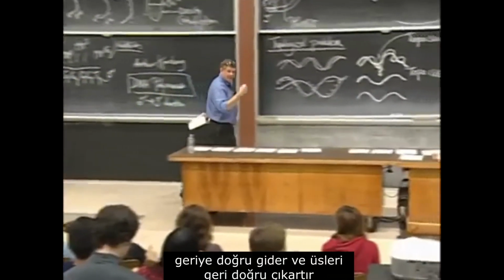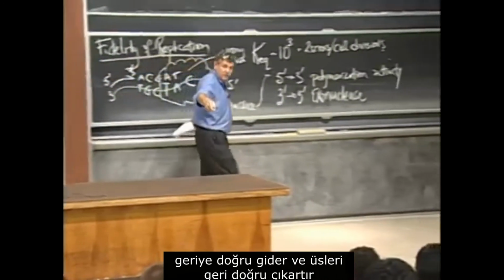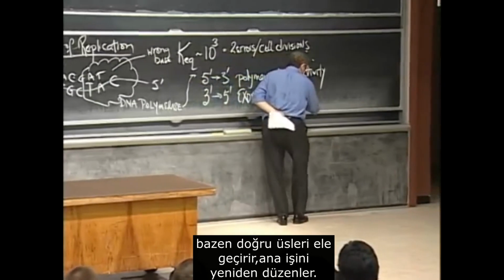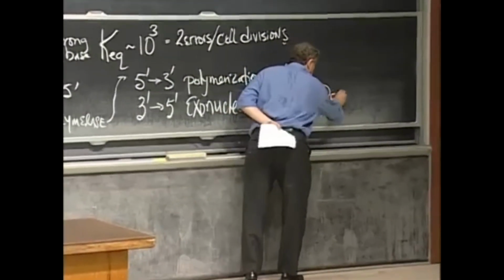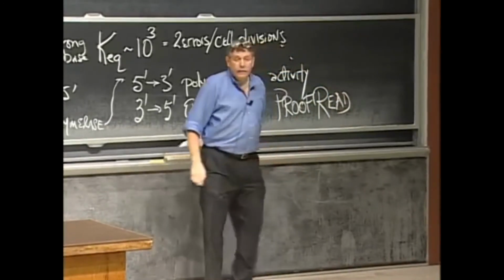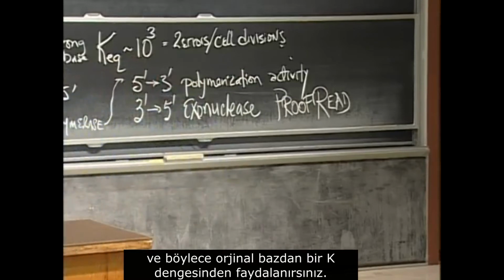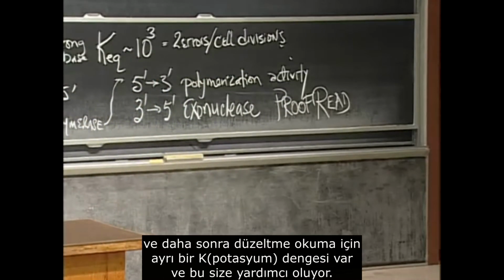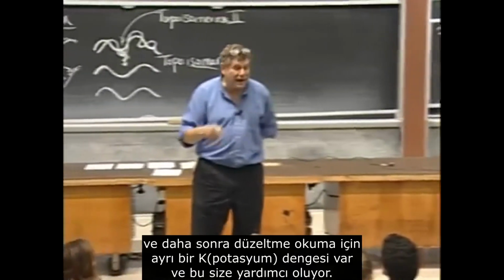Sometimes it takes out the right bases, but it is proofreading its work. And more often when it's the wrong base, it goes backward. And so you get the benefit of a K equilibrium from the original base, and then there's a separate K equilibrium for the proofreading. And that helps you.